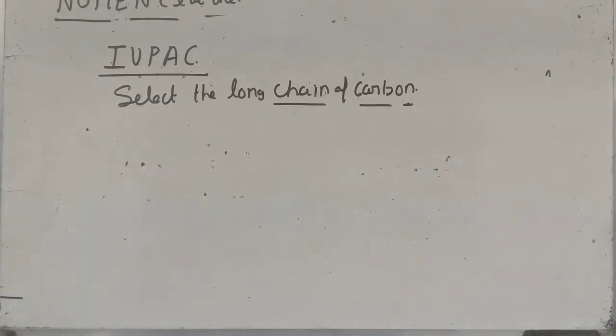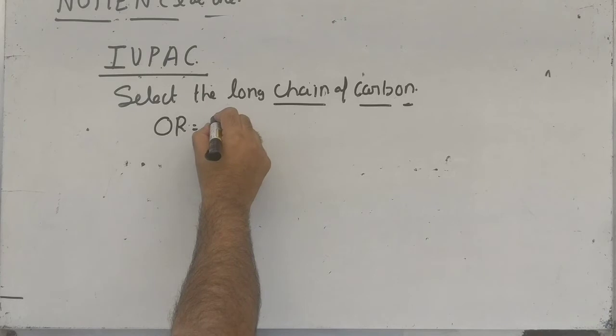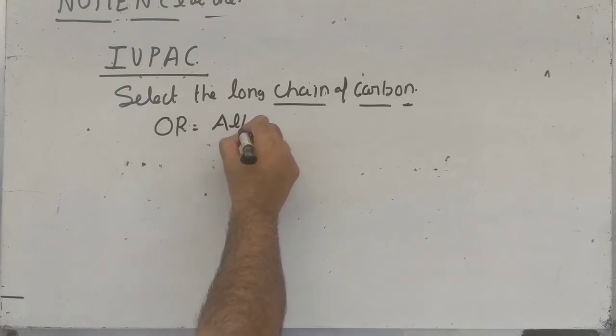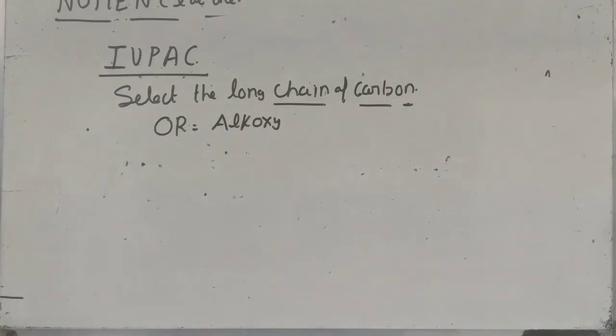We have to select the long chain of carbon atoms having the maximum number of carbon atoms. The OR group is given a prefix alkoxy. Like if it is OCH3, it is called methoxy, OC2H5, it is called ethoxy, and so on and so forth.